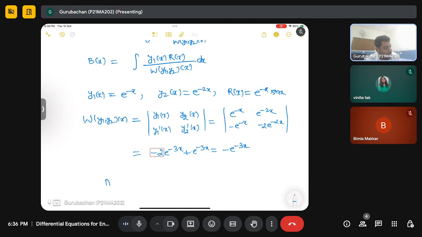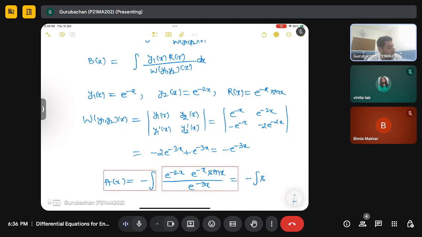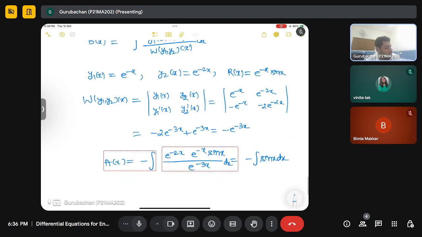So what will be the value of a(x)? a(x) will be minus y2(x), that is e to the power minus 2x, times e to the power minus x sin x, divided by e to the power minus 3x. So this will be minus sin x dx. This will give us cos x plus d1, and obviously we choose d1 to be 0. So this will imply that our a(x) is nothing but cos x.